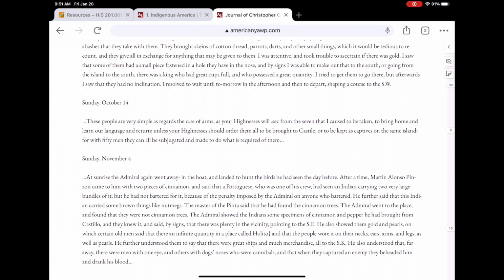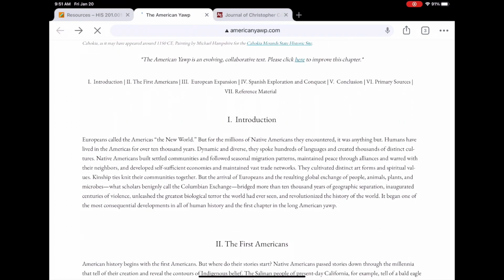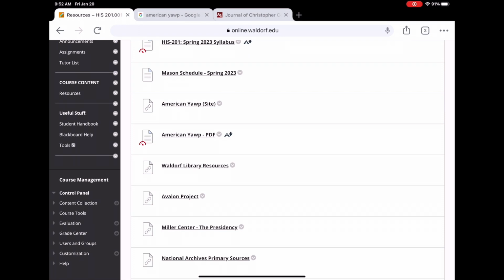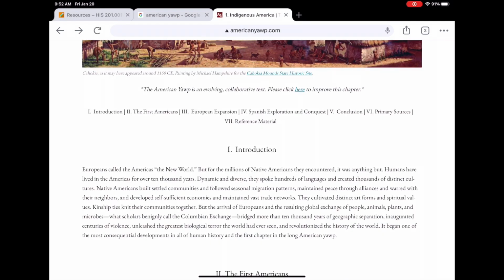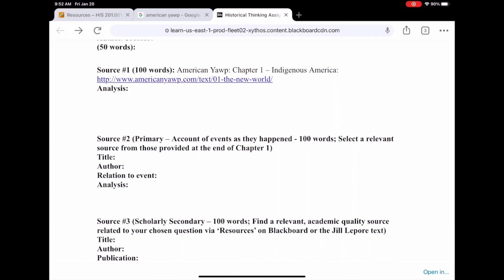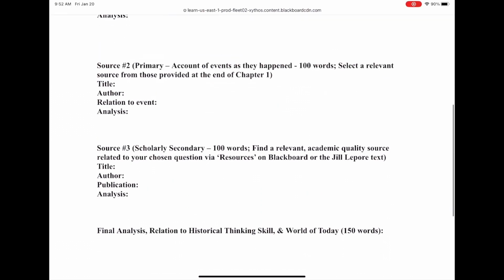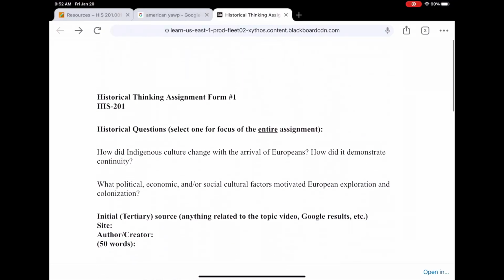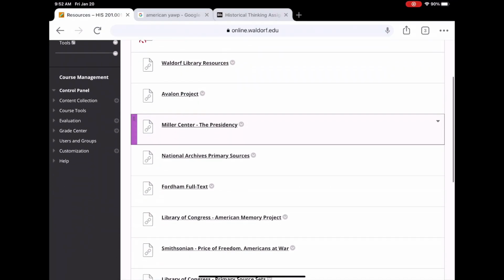So now we're back and we're taking a look at your assignment. You've got your text source, you've got your primary source, you've done your tertiary source. Now you're looking for a scholarly secondary source. This is again where under resources on Blackboard, there's a lot of good stuff. You go to the Waldorf online library.